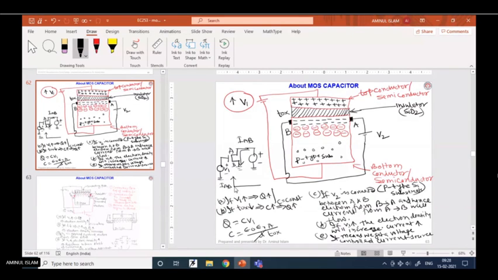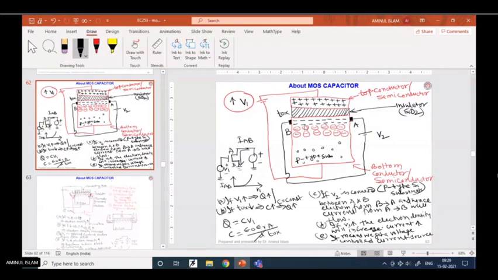IAB initially will be negligible or very small. But if V1 increases to a certain value, then current will increase as it is shown here. It's going to act as a voltage controlled current source.